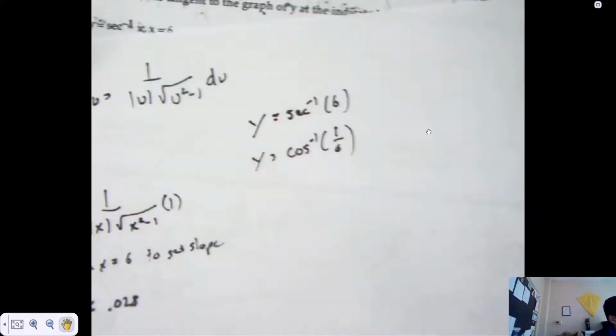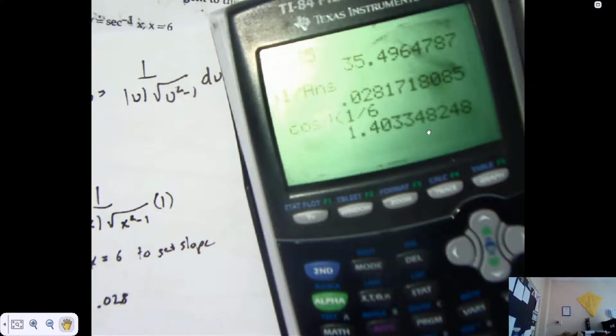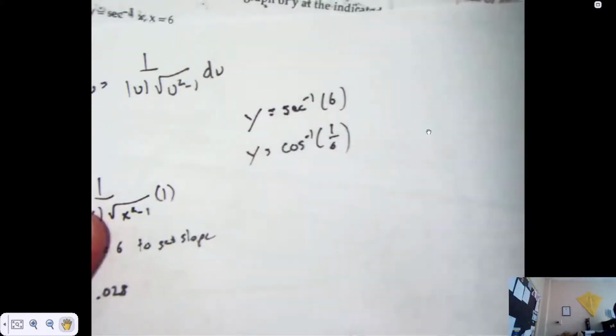So it's not 1 over the arc cosine. It's the arc cosine of 1 over 6, the reciprocal, because secant and cosine are reciprocals. So we just take the arc cosine of a sixth. That's about 1.403.